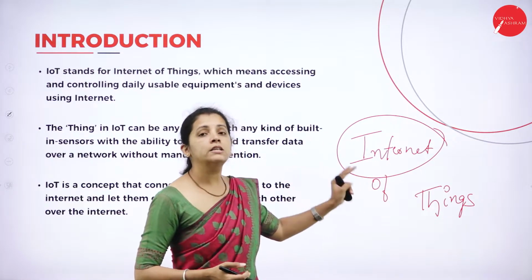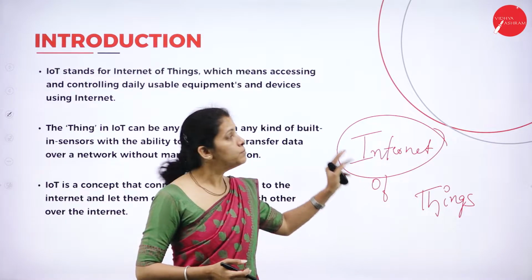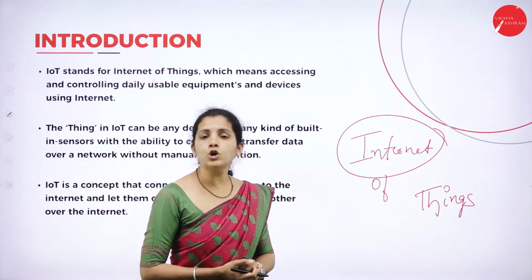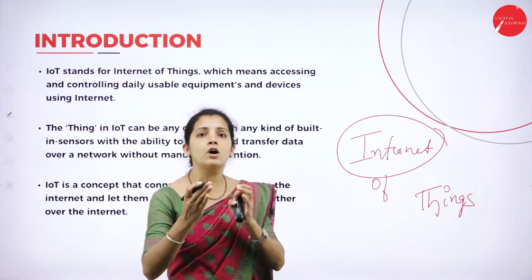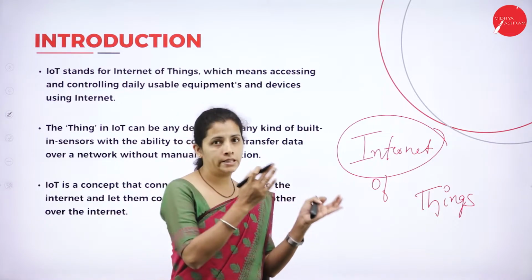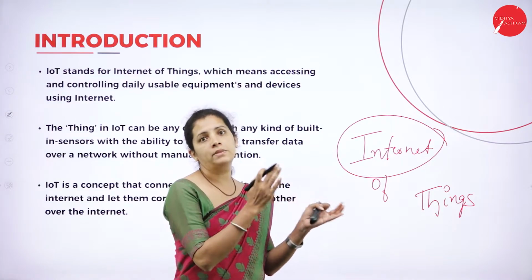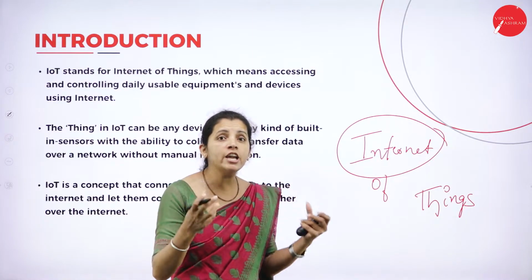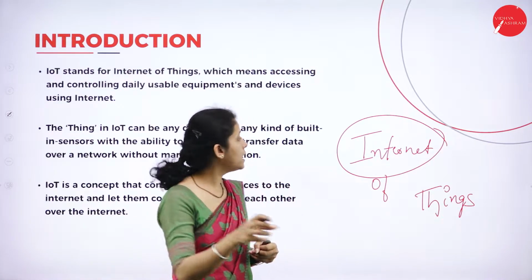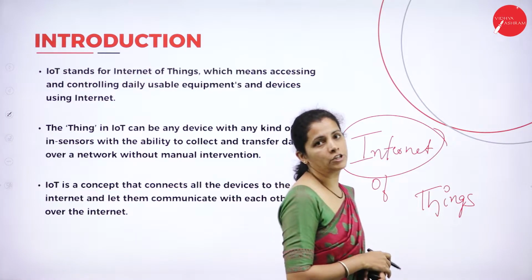There are certain situations where some systems want to communicate with each other. Communication in the sense that they have to send the data, at the same time they have to receive the data, and they have to share the data. For that, I require a net connection.